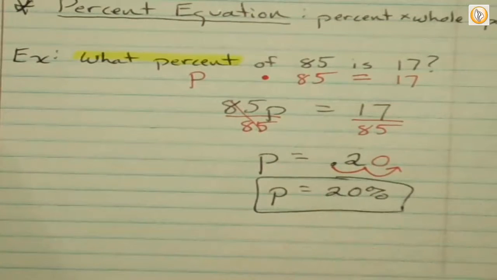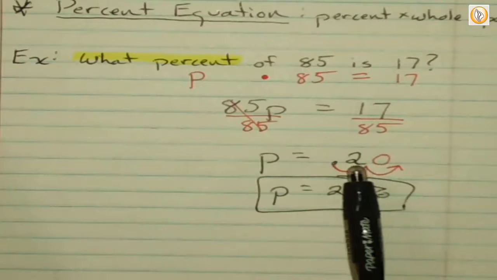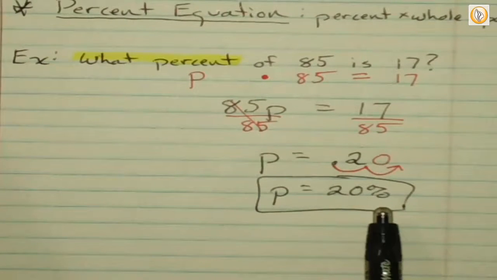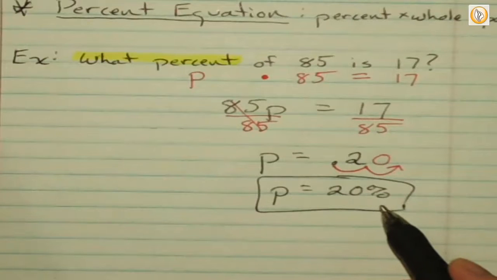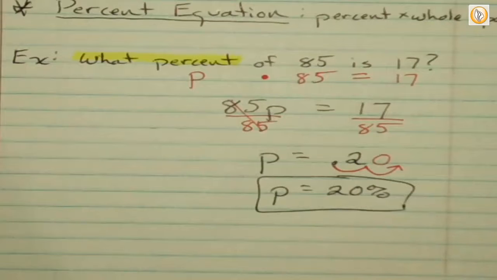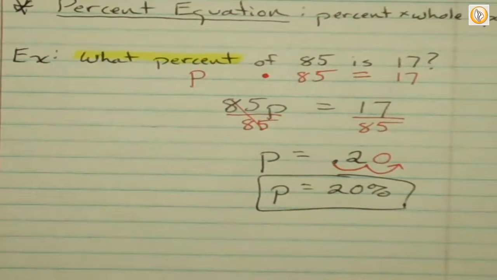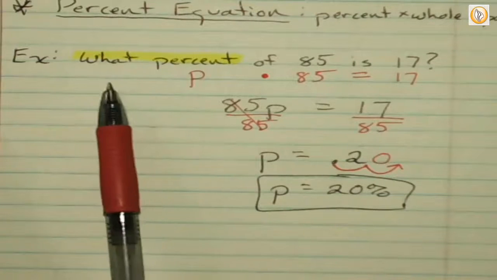There you go. I'll tell you, if you don't change it, if you give me 0.2, it's wrong. If you just give me 20 and leave off the percent sign, it's wrong. This is different than the other labels. This actually makes a huge difference. 20% and just 20 are two completely different things. The most common mistake out of all of my students is that they forget to change it to a percent.